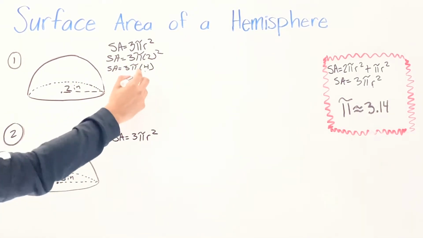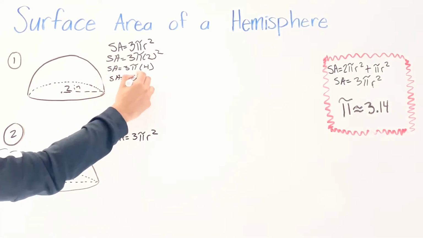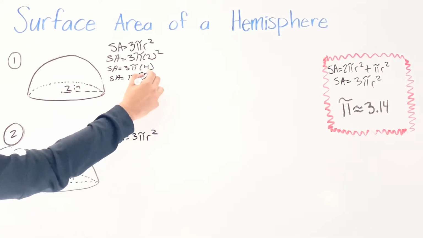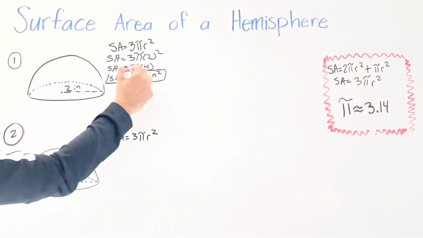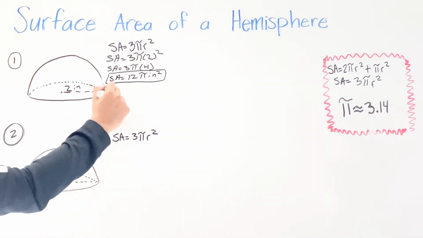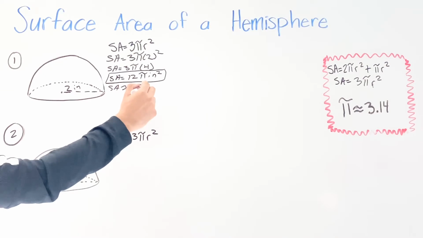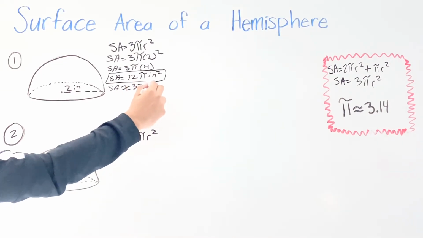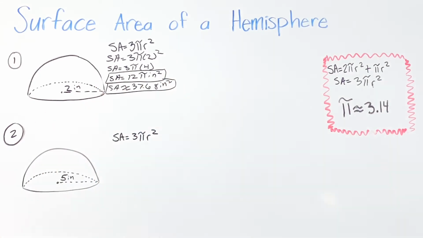So we multiply 4 times 3, which gives us 12 pi inches squared. Or once again, if your teacher doesn't want your answer in pi, go ahead and multiply 12 times 3.14, which gives us about 37.68 inches squared.